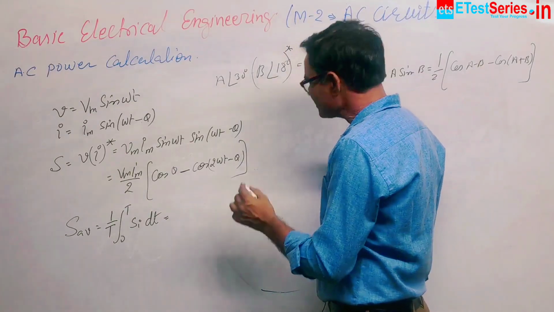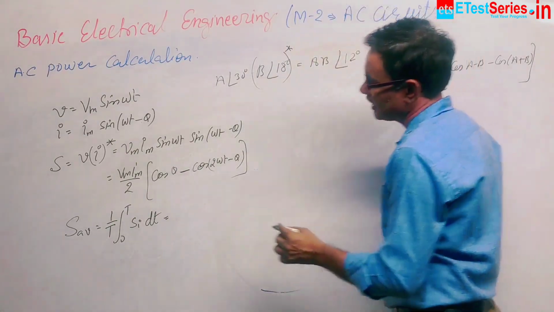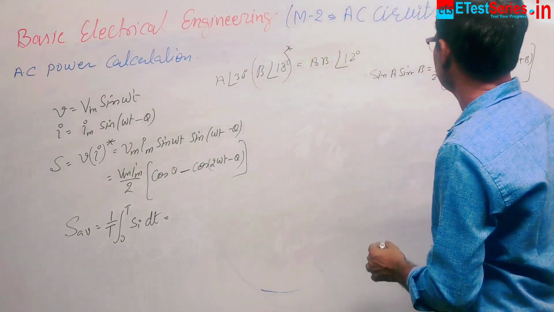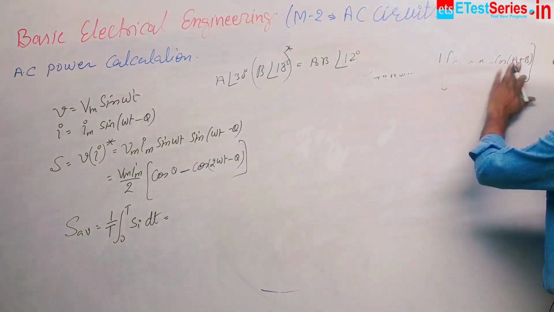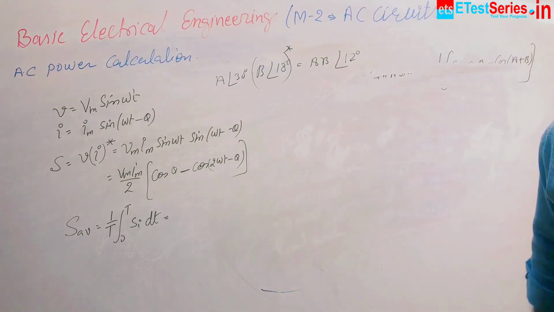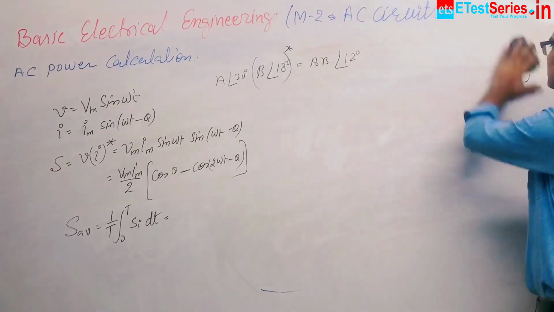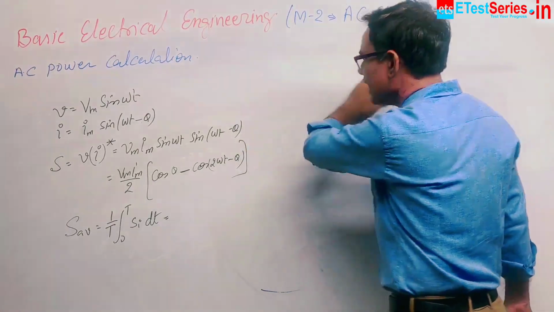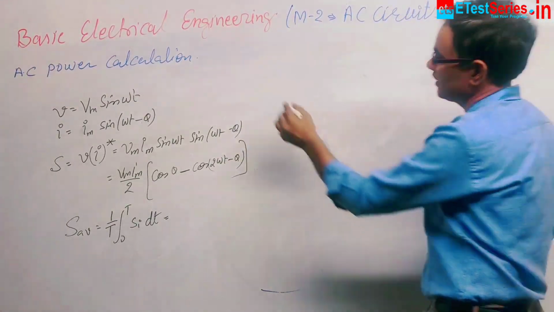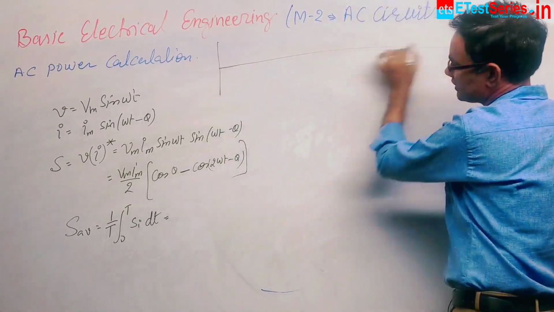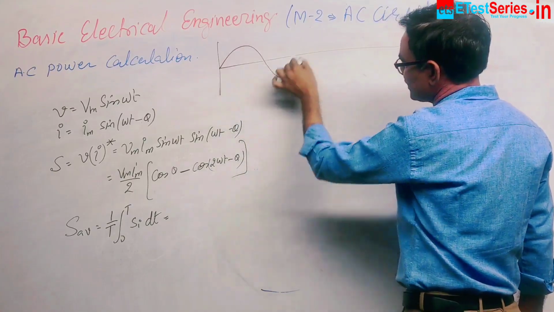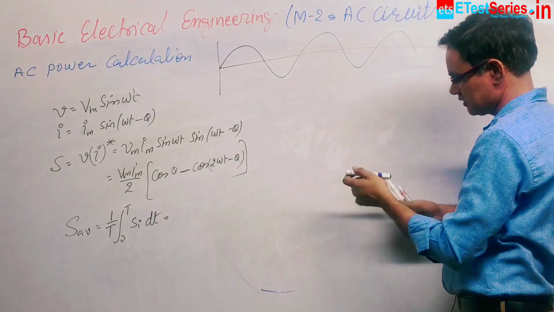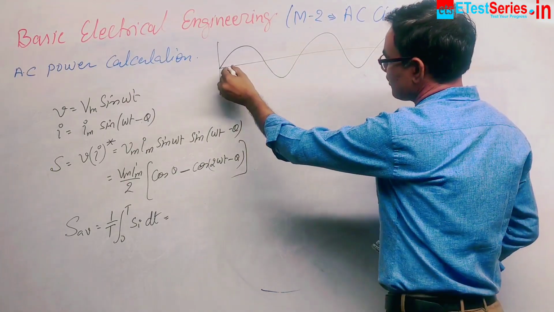And if we take the integration of them, you know, if we draw the power cycle, the waveform diagram, then the waveform diagram gets repeated in half of the cycle. Suppose this is the waveform diagram for the voltage. This may be the waveform diagram of the current.